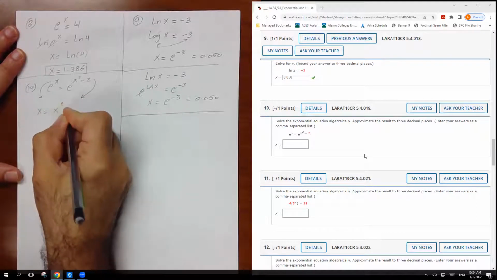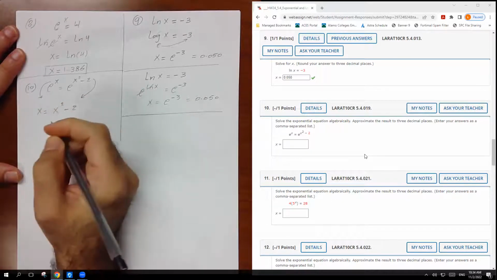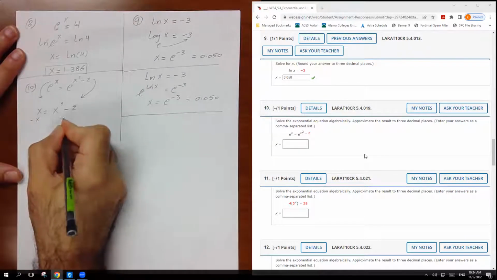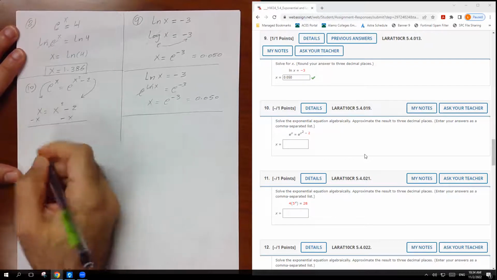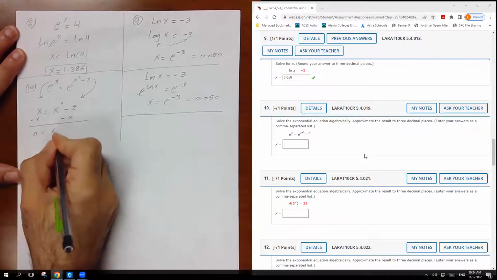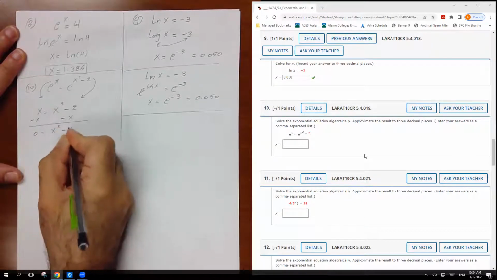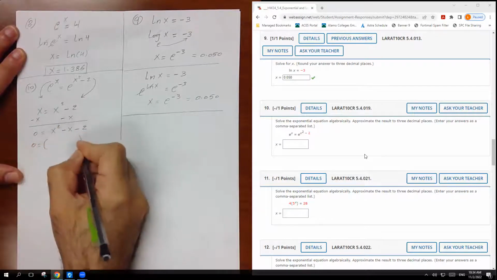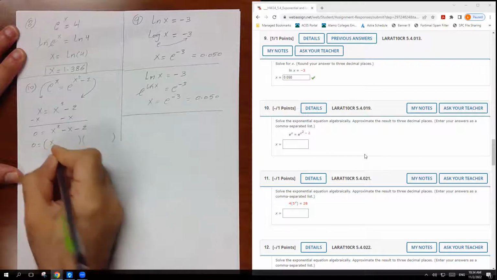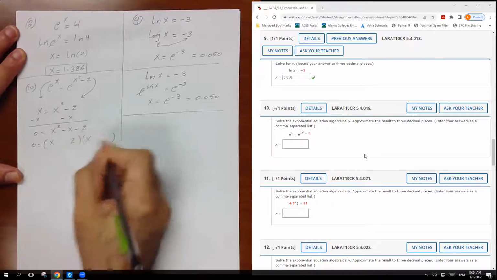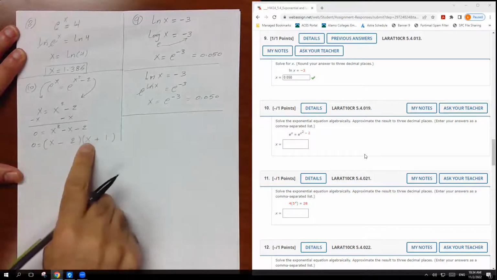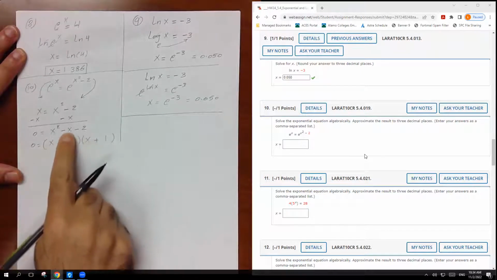So it's going to be x squared minus 2 equals x, and I'm going to solve this by subtracting x from both sides. So it's going to be 0 equals x squared minus x minus 2. That means 0 equals (x - 2)(x + 1), so negative 2x plus 1x added gives the middle term.